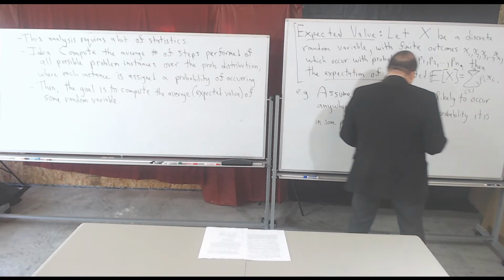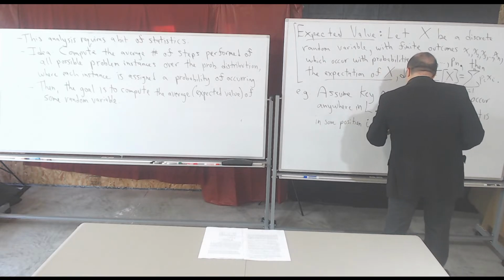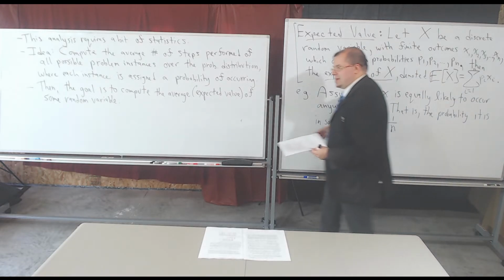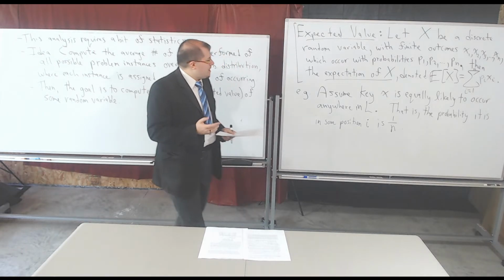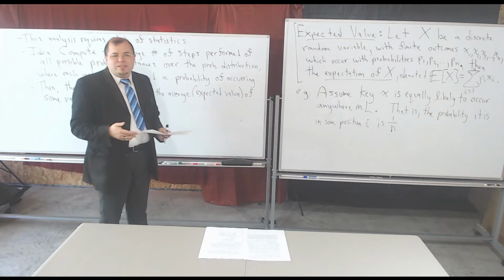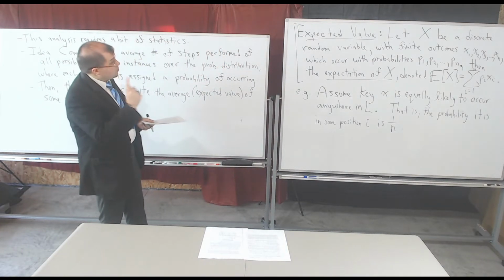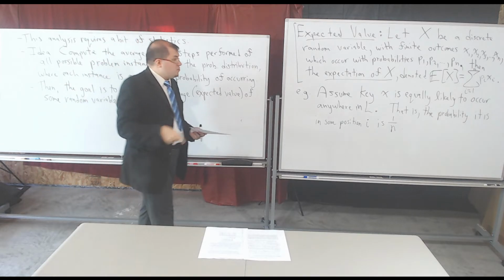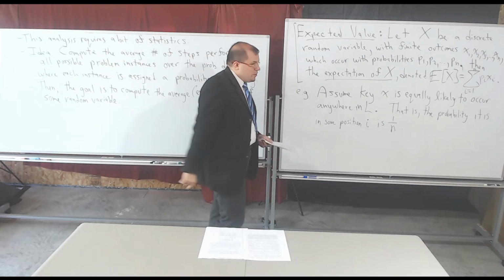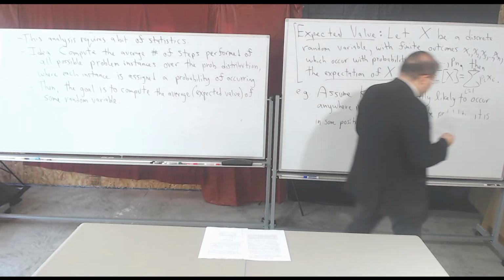It is 1 over n, right? Just like if you thought about rolling a die, there are 6 sides, so if I were to get a chance of rolling it onto the side I want, it's 1 over 6, just 1 over n. It's not too terribly complicated.